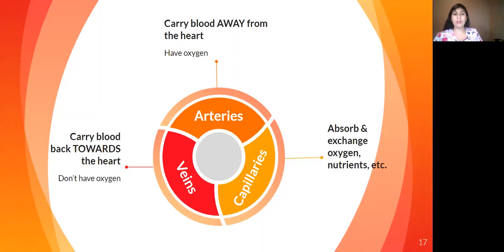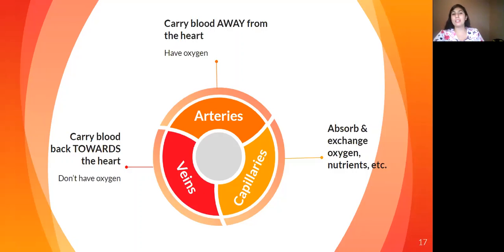This is where the veins carry blood back towards the heart. At this point, they do not have oxygen anymore, because like we just mentioned, when the blood is at the capillaries, the blood gets rid of its oxygen and it gets absorbed into the rest of your body. So again, it usually goes from your arteries to your capillaries and to your veins.